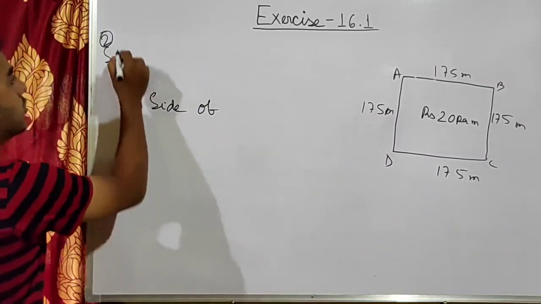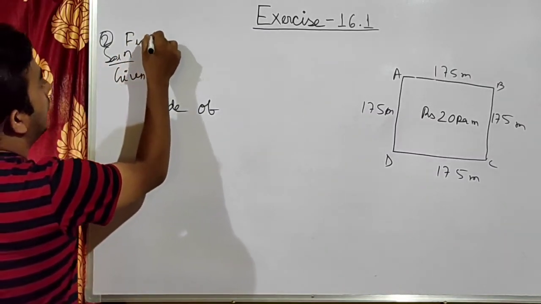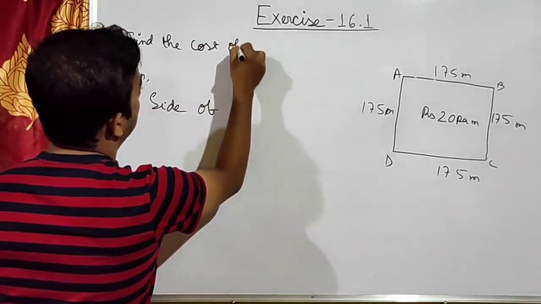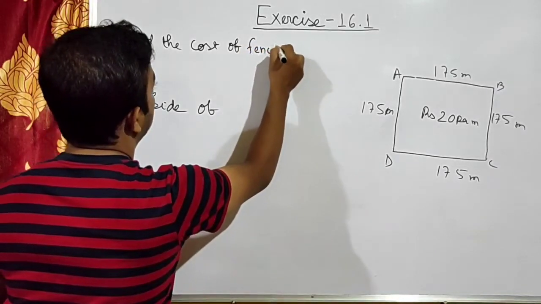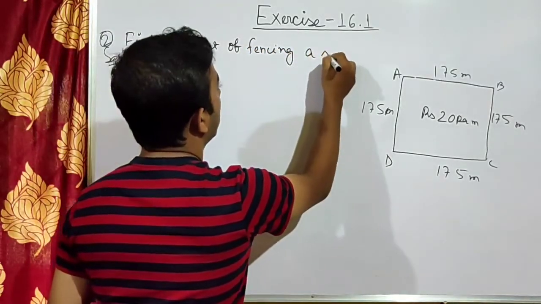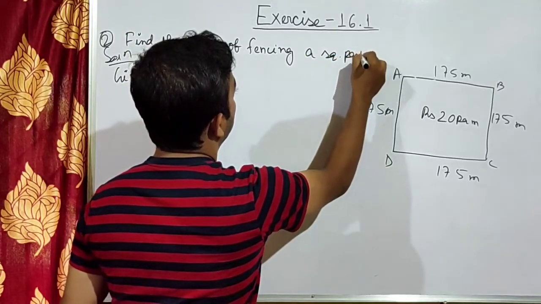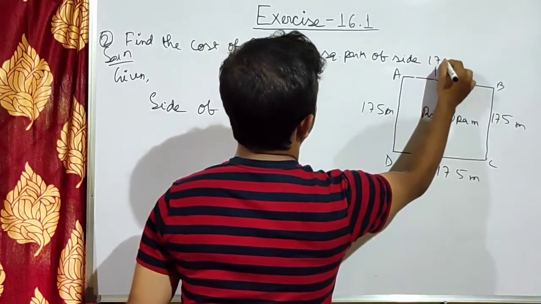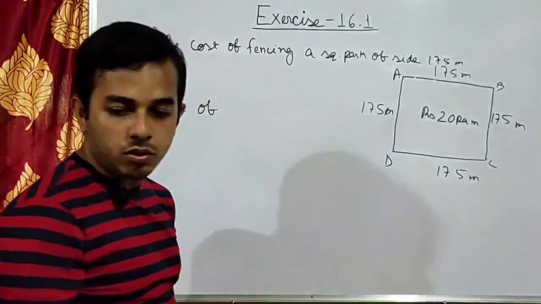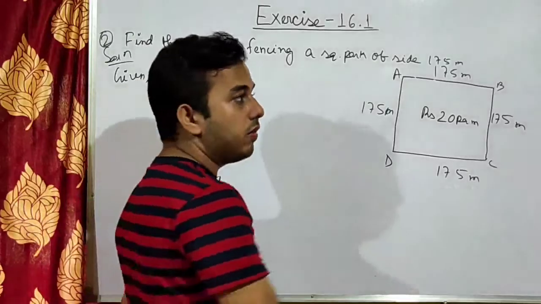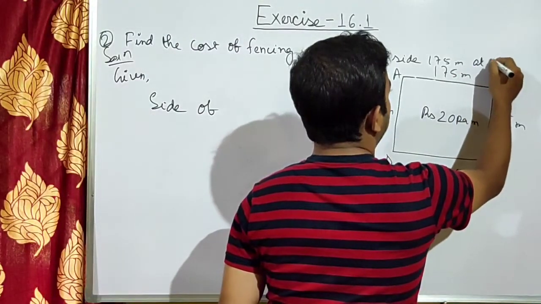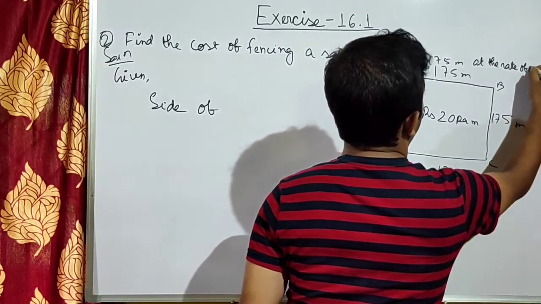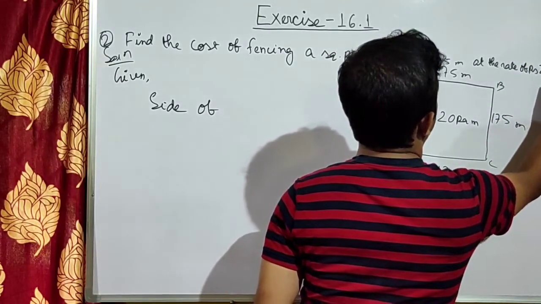Find the cost of fencing a square park of side 175 meter at the rate of rupees 20 per meter. Clear?